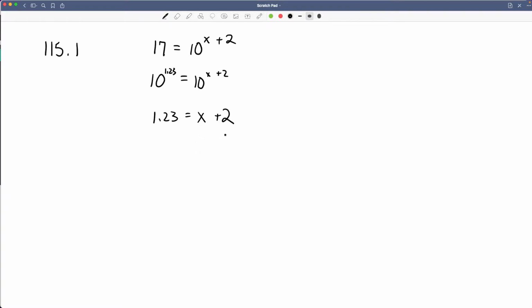And when we subtract 2 from both sides, we find that negative 0.77 is equal to x. And so then we can go back and say that 17 equals 10 to the power of, if we were to put negative 0.77 in as x plus 2, we would get 1.23.